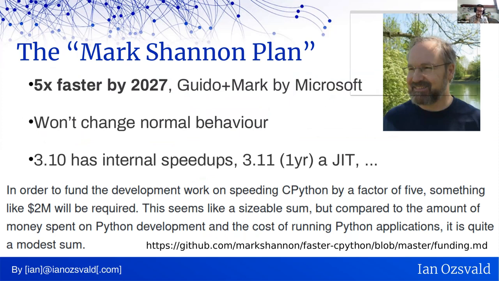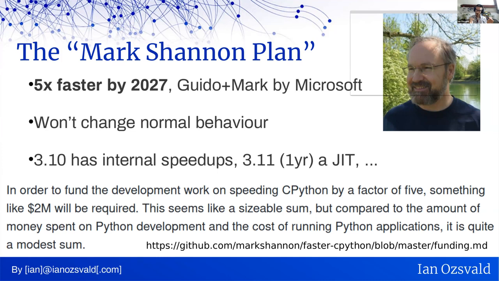One of the reasons is there's an interesting new proposal that's just started in the last 6 months or so by a colleague of mine, Mark Shannon in the UK. He's been talking about this for a couple of years, and he put forward a proposal, I don't know, 6 months, a year ago, saying that, look, if a big pile of money was put up, so $2 million is the number he quoted, I see a bunch of milestones that can be achieved, which will bring in a whole bunch of optimizations, including a just-in-time compiler, into the regular CPython project.